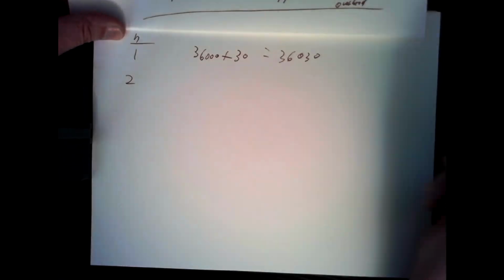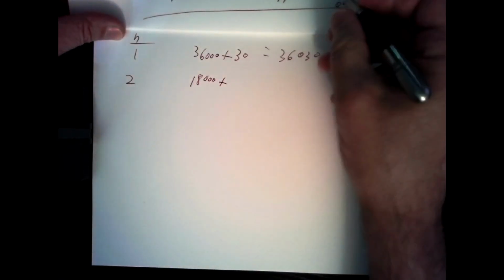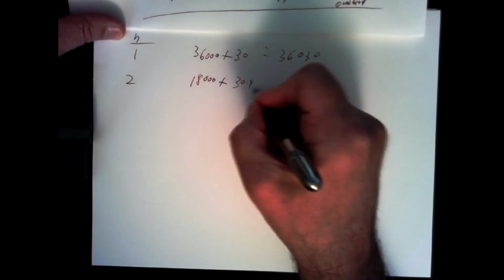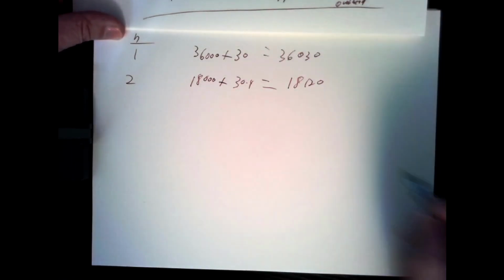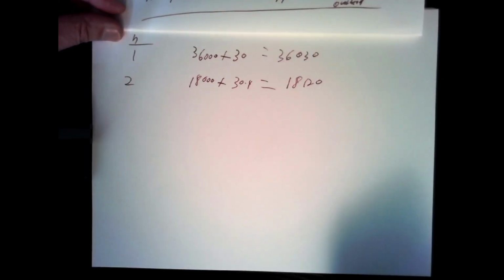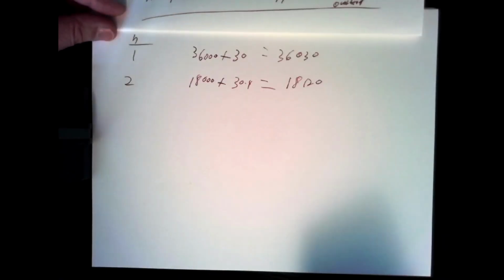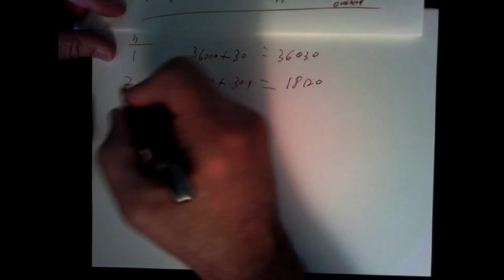Now if you have two people, this looks like 18,000 plus 30 times 4, that's 120, so this is 18,120. Is that better than that? Yeah, this is just over 5 hours. The original time was a little over 10 hours. So with 2 people, you're definitely getting a speed up. All right, what about 10 people?